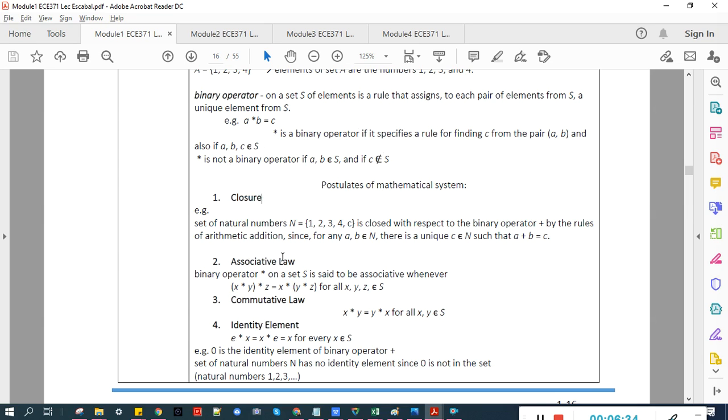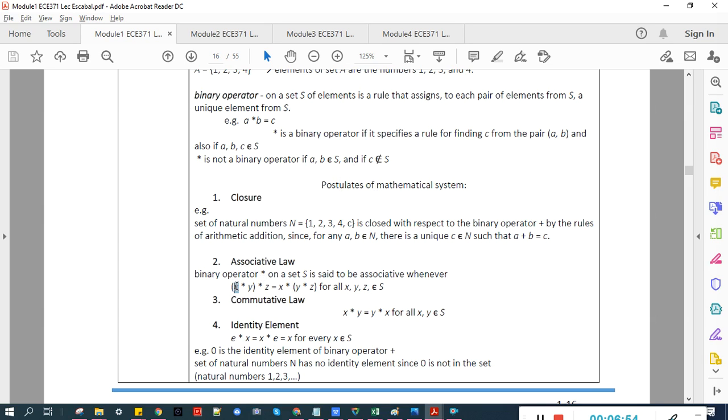Associative law is about the groupings of the elements when we perform the binary operator. So we are using these postulates in Boolean algebra already.